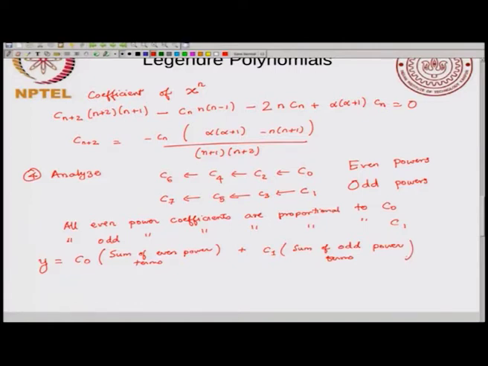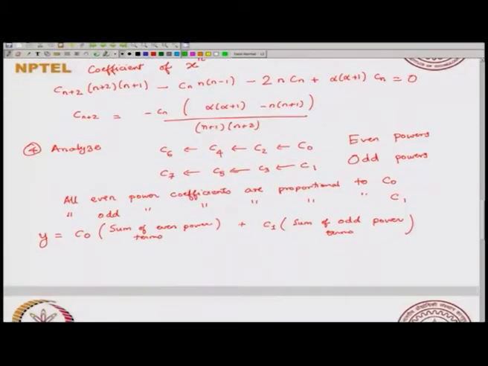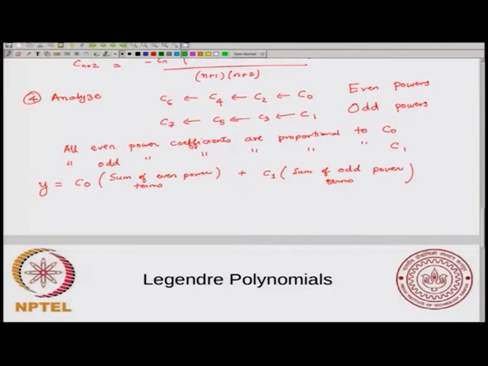I can write my solution in this form. All I did was take my original trial solution, which has the form C_n x raised to n, and see that all the even terms C0, C2, C4 etc. are proportional to C0, so I collect them together. Similarly, all the odd terms C1, C3 etc. are proportional to C1, so I collect those together and write it in this form.